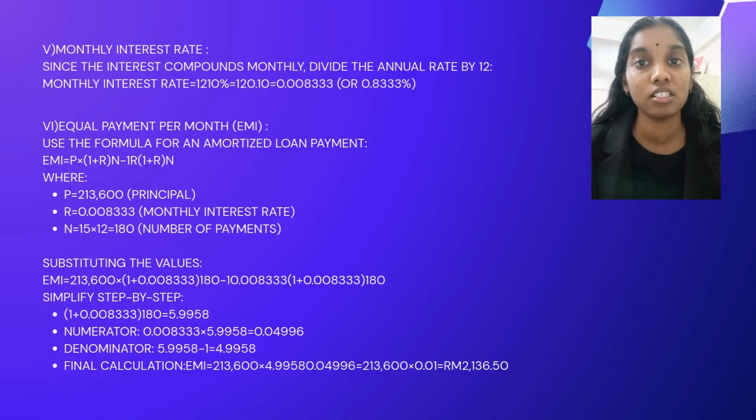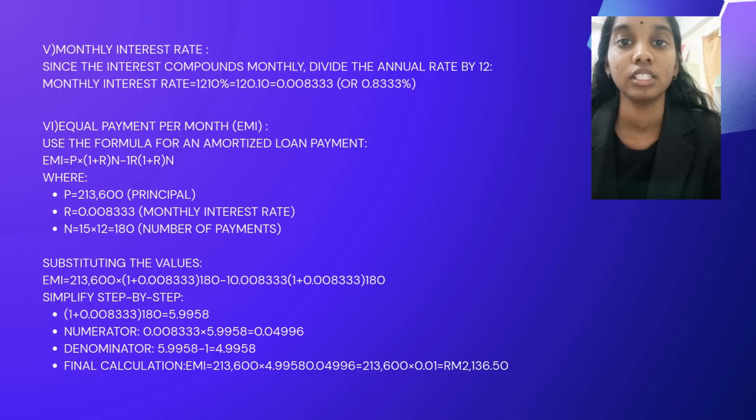I first calculate 1 plus 0.00833 to the power of 180, which equals 5.9958. Then I multiply 0.00833 by 5.9958 to get 0.04996. Next, I subtract 1 from 5.9958 giving 4.9958.